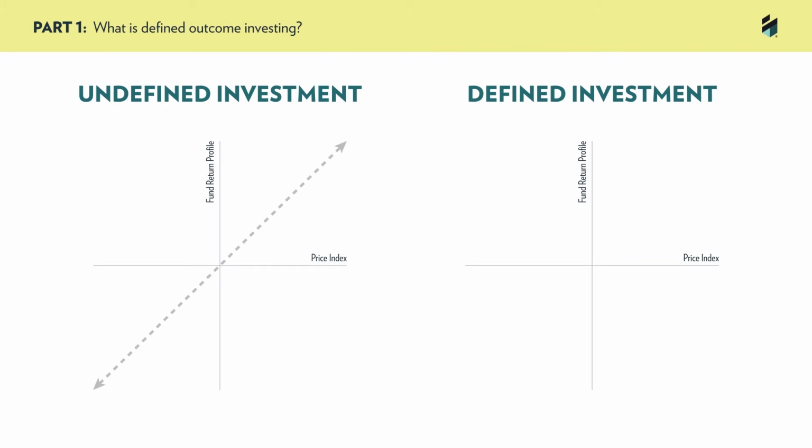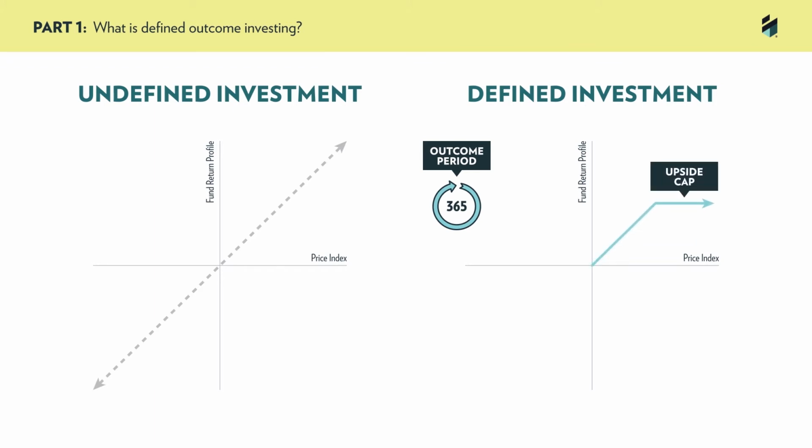These features are the outcome period, the buffer, and the upside cap. At the end of its full outcome period, the value of an investment with a defined outcome will have either increased 1-for-1 with the reference asset to a specified cap, or will be exempt from loss experienced by the reference asset to a specified buffer level.